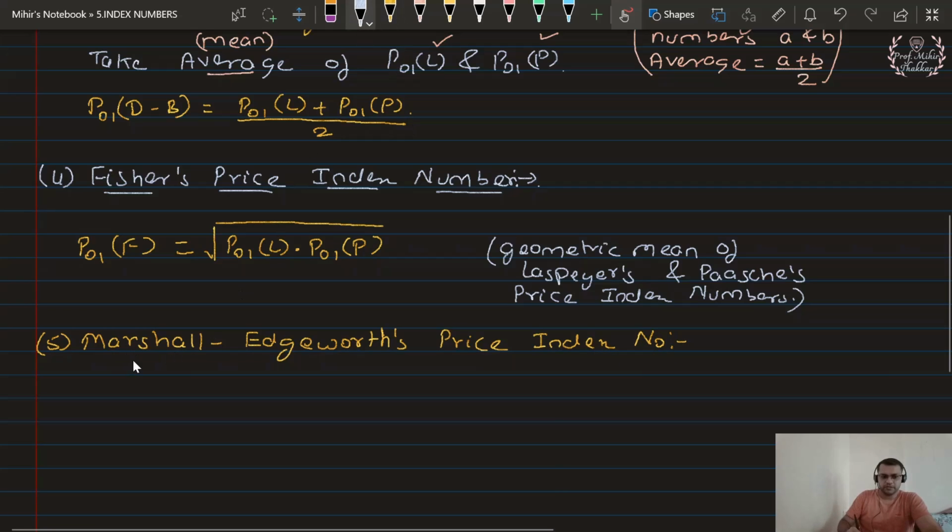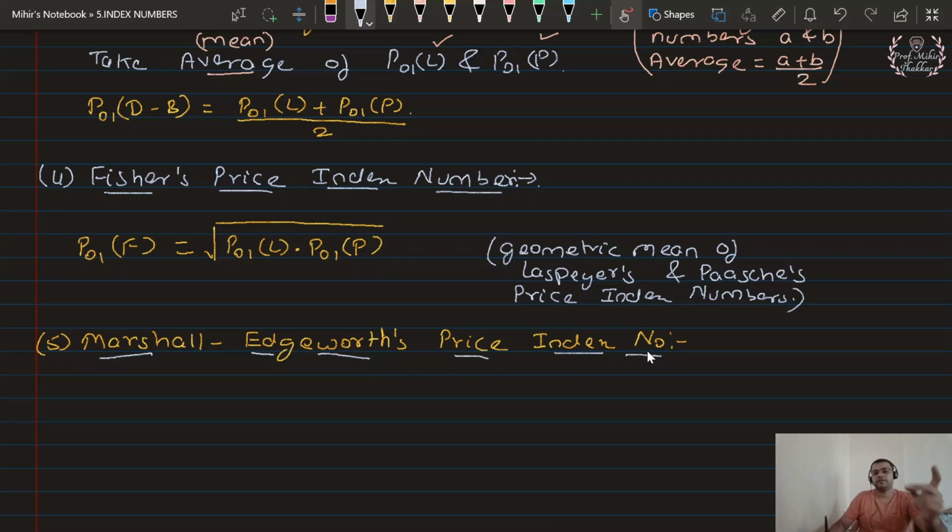Now what these two persons did is they considered the weight as the summation of the base year's and the current year's quantities. So when we take the summation, I assume over here that weight is equal to Q0 plus Q1.